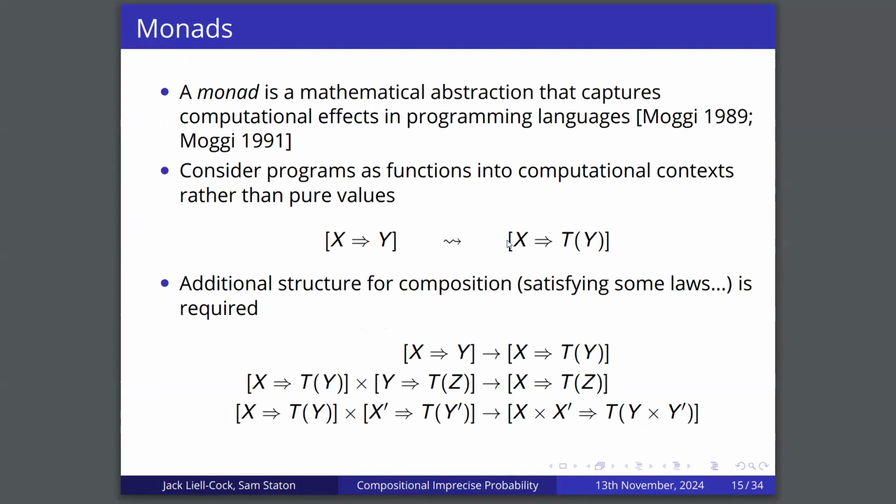But because they're so abstract, that also makes them very powerful. So basically, what is a monad? It's a mathematical abstraction that captures computational effects in programming languages. Computational effects are anything which isn't a program run purely on a computer.